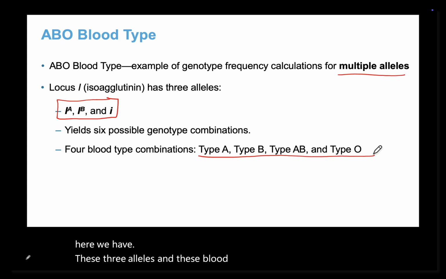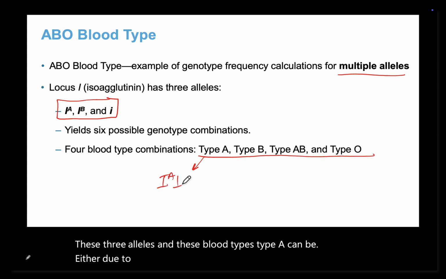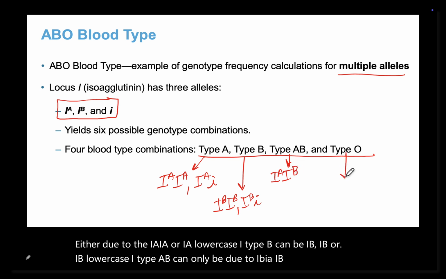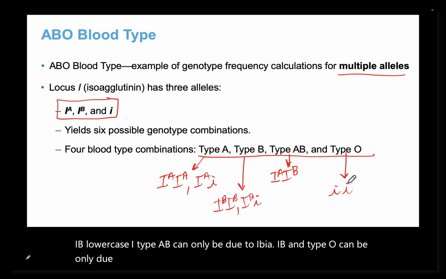Type A can be either due to IA IA or IA lowercase i. Type B can be IB IB or IB lowercase i. Type AB can only be due to IA IB, and type O can be only due to homozygous recessive.